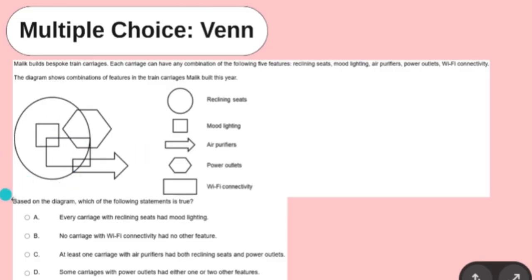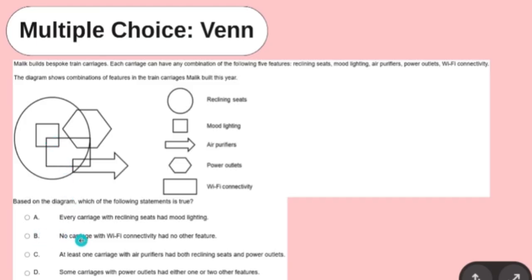Oh, and every carriage, yeah. So that one is not true because the circle is far bigger than the square. If the square was outside of the circle, or encapsulating the circle, then that would be true. But in this case, some people with reclining seats had mood lighting, but not all of them.